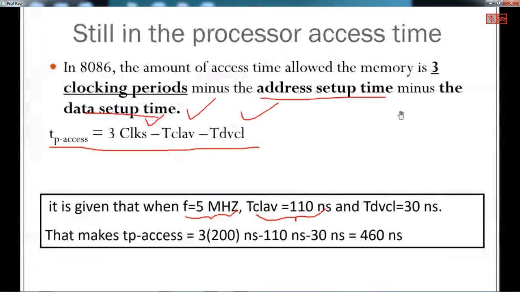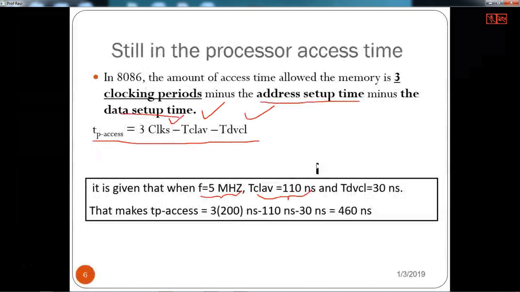That is the data setup time, TDVCL, and the address setup time is TCLAV. So the processor access time is 3 clock periods minus this time minus this time. TCLAV is 100 nanoseconds and TDVCL is 30 nanoseconds. Then the processor access time is 3 clock periods minus these times, which gives 416 nanoseconds. Within 416 nanoseconds, the processor can access a byte. But memory is not that fast.